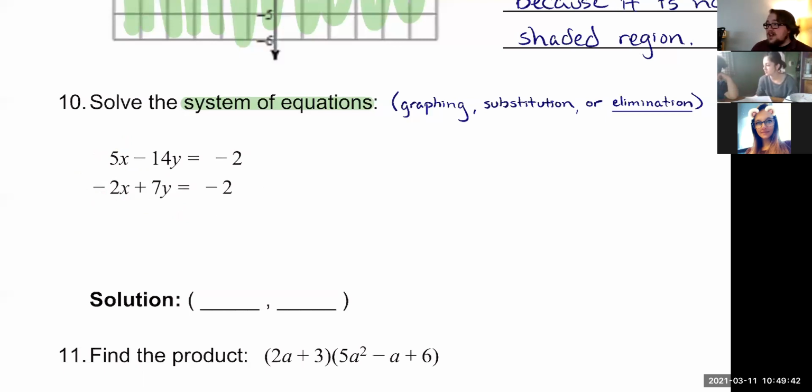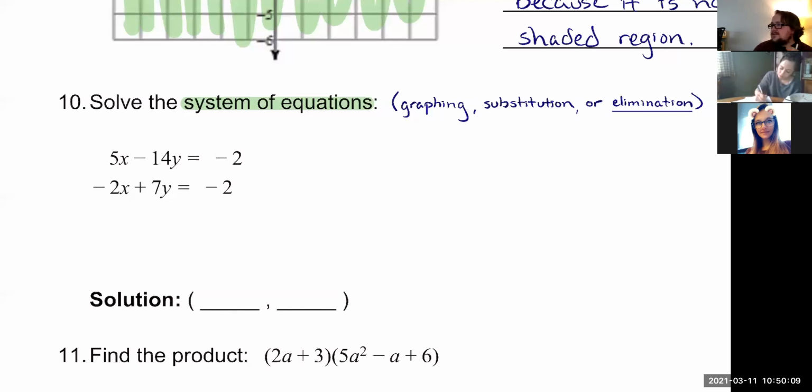And actually, it could be done, but in that process, you would temporarily have some fractions that you would have to carry through the process, hoping that they work out. You'd have to be very comfortable with fractions, but it would end up being more of a headache than what it may be worth. So I'm totally in agreement with Tierra. I would personally use elimination as well, based off of her observation that everything's already lined up.